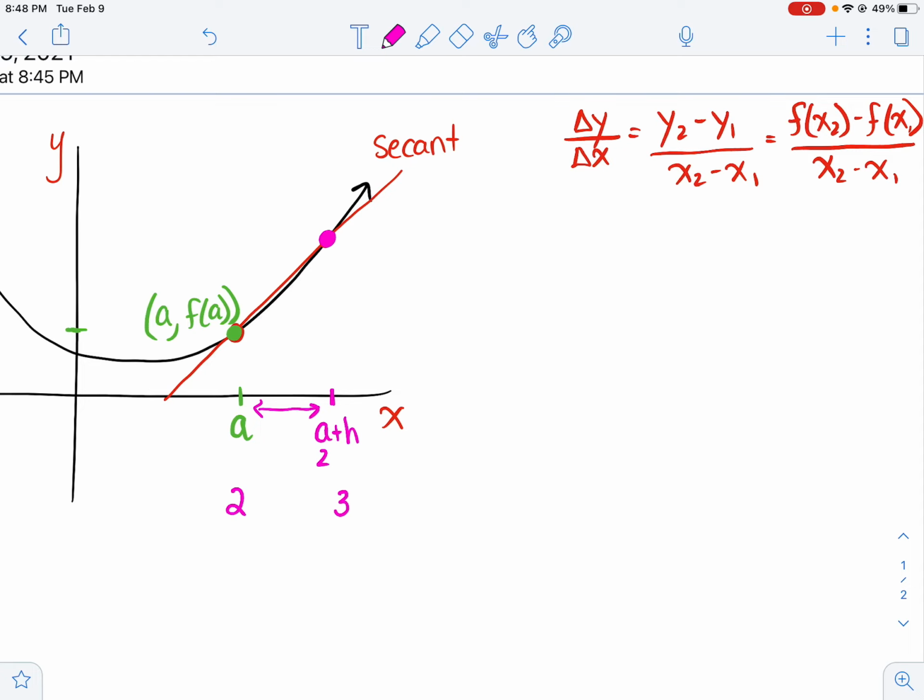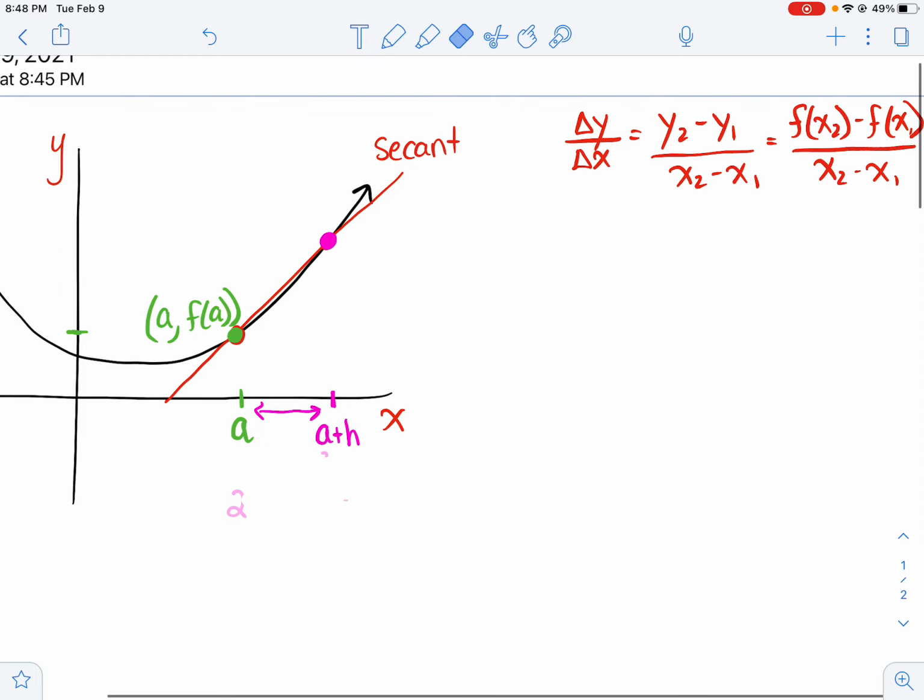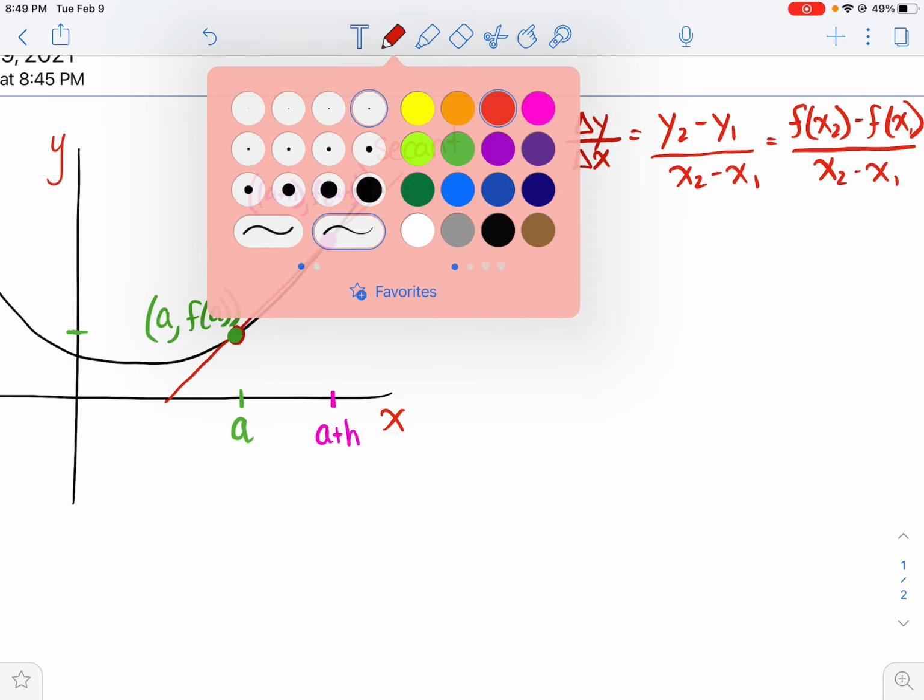So this point is 2 plus 1, which is 3. So H is just the distance away it is from point A. So if I wanted to label this top point, the x value would be A plus H, and the y value would be f of A plus H.